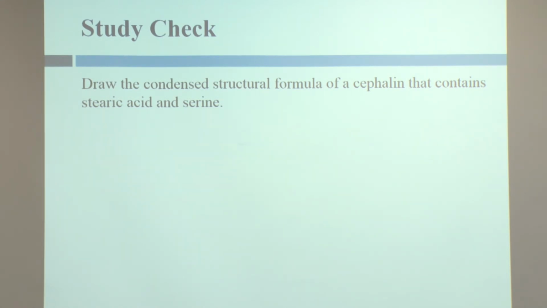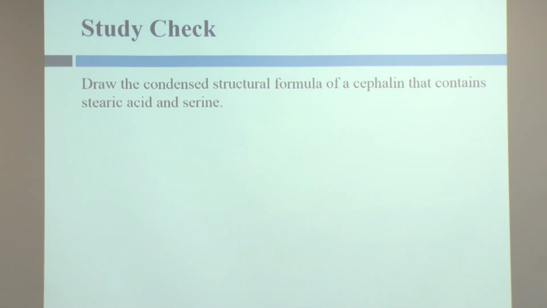I'll go back to page 515 and look for what is stearic acid. How many carbons? I see an 18 carbon chain with no double bond. That is stearic acid. And what is serine? This is the amino alcohol, and I'm on page 528, and there I see a serine molecule.